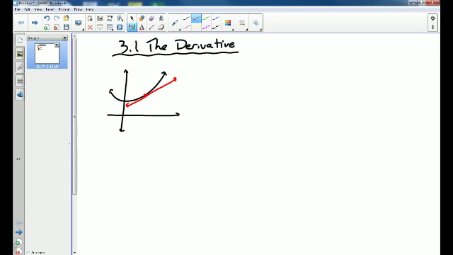So, example picture, the derivative is the slope of the tangent line. Right? And we can write an equation of that tangent line, we saw yesterday.